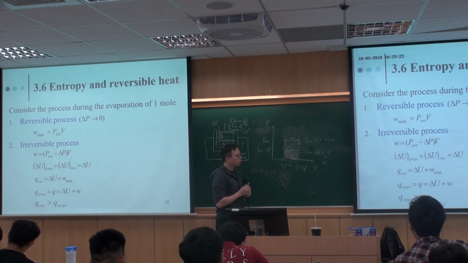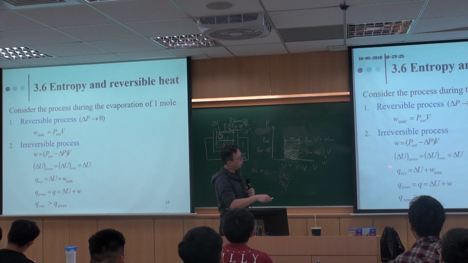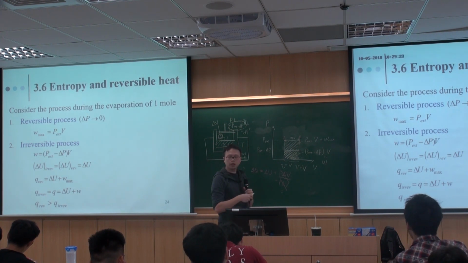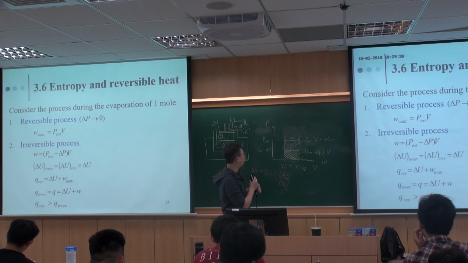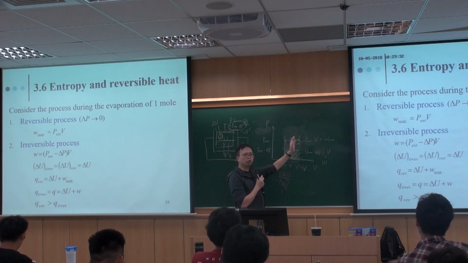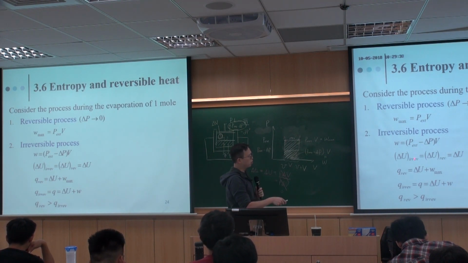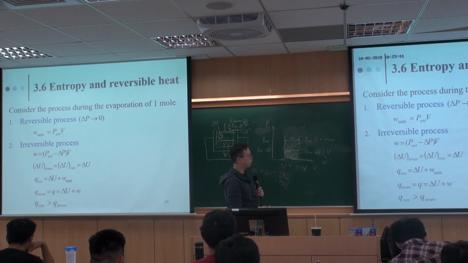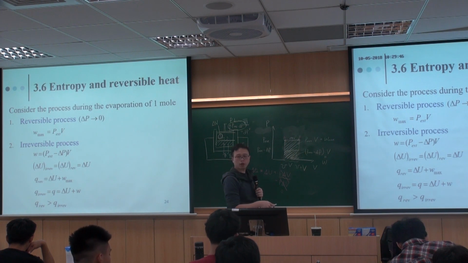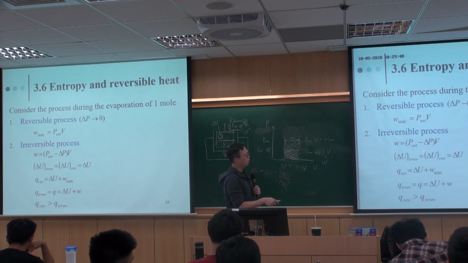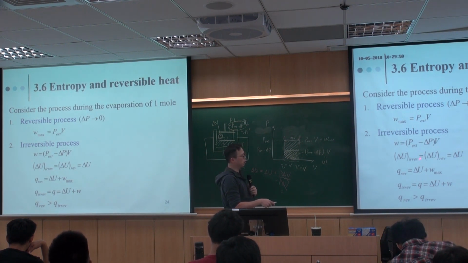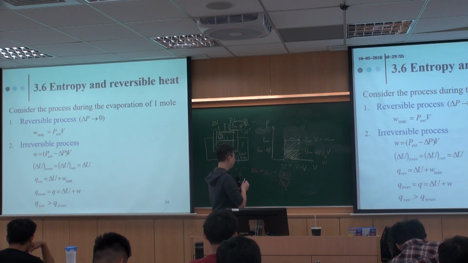So for internal energy, since it is a state function, if the initial and the final states are the same, then the difference in internal energy will be the same. So this is an important feature. For both reversible and irreversible processes, the change of internal energy will be the same.